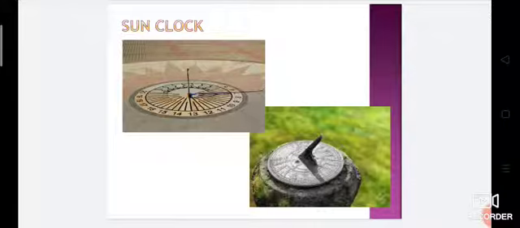As you all know, at a place called Jantar Mantar in Delhi, there is a big sun clock, and people used to see the exact time due to the sun's elevation.